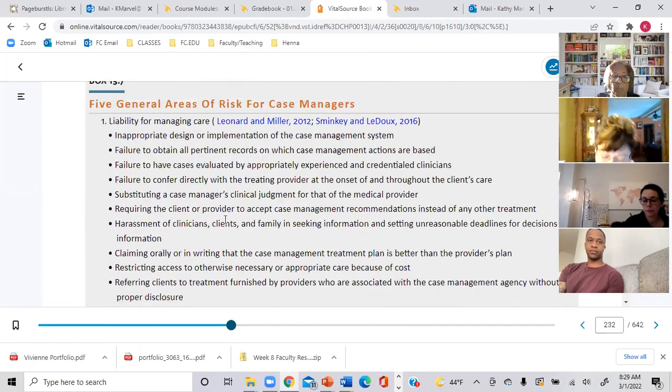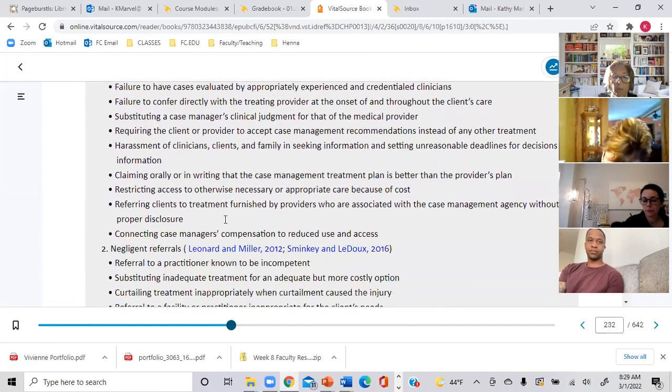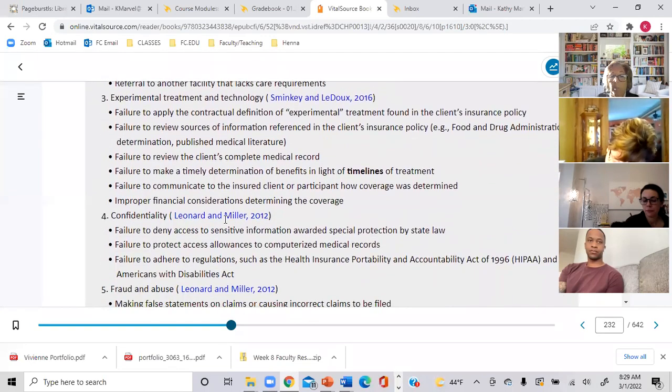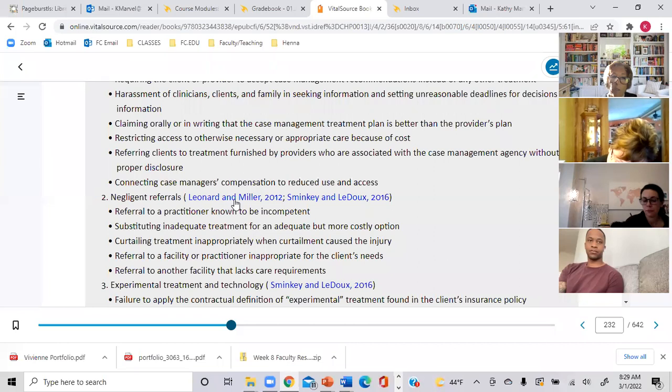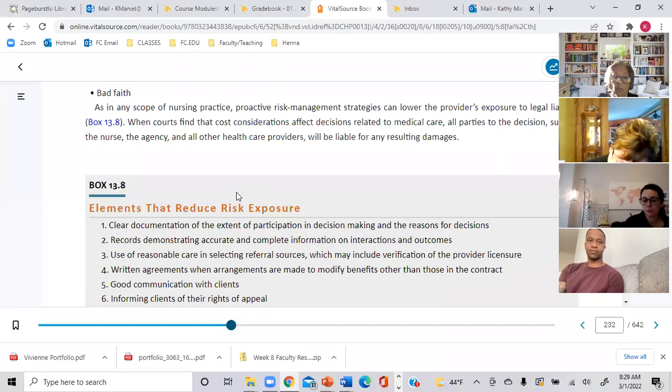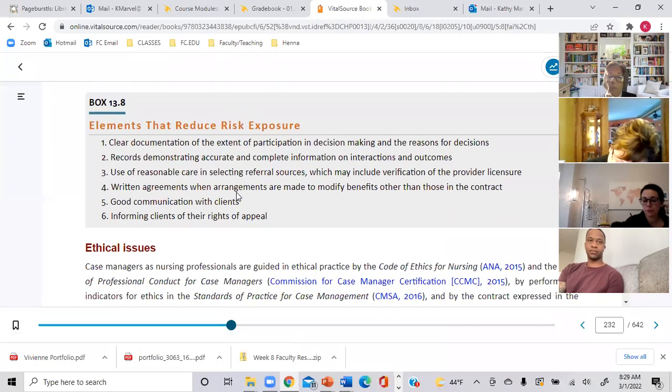So it talks about liability for managing care, negligent referrals, experimental treatment and technology, confidentiality, fraud and abuse. I know this box is case management oriented, but there's lots in this box you could pull out to nursing in general. And then this box is excellent too, 13.8, elements that reduce exposure.